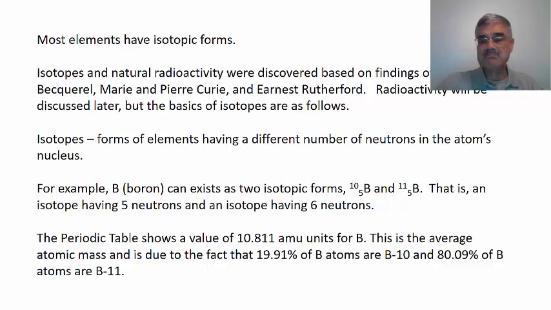It is due to the fact that 19.91%, nearly 20% of the boron atoms are the boron-10 isotope, and a little over 80% are the boron-11 isotope. Boron exists in that proportion, 20% of one, 80% of the other, in nature. And the average is a little closer to the heavier one, so that the average is 10.811. That is the most important reason why the numbers in a periodic table oftentimes are not whole numbers.